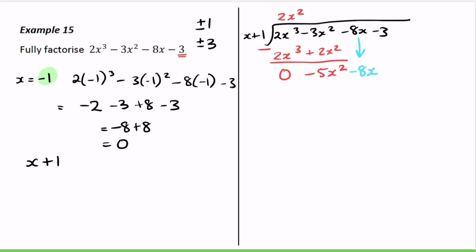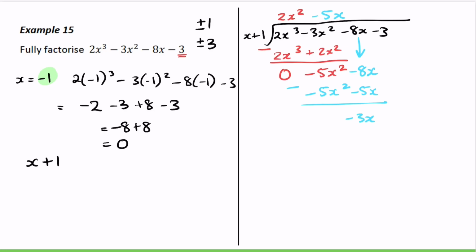And then we do it again. X times what gives me negative 5x squared? That'll be negative 5x. Negative 5x times x is negative 5x squared. Negative 5x times 1 is negative 5x. Subtract: negative 5x squared minus minus, so plus, 5x squared is 0. Negative 8x minus minus, again plus, so negative 8x plus 5x is going to be negative 3x.